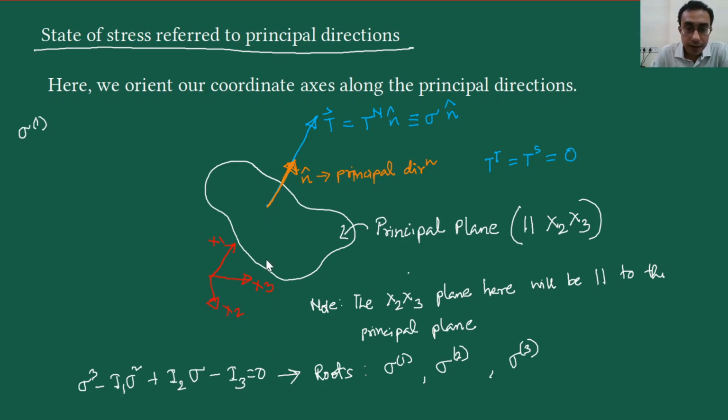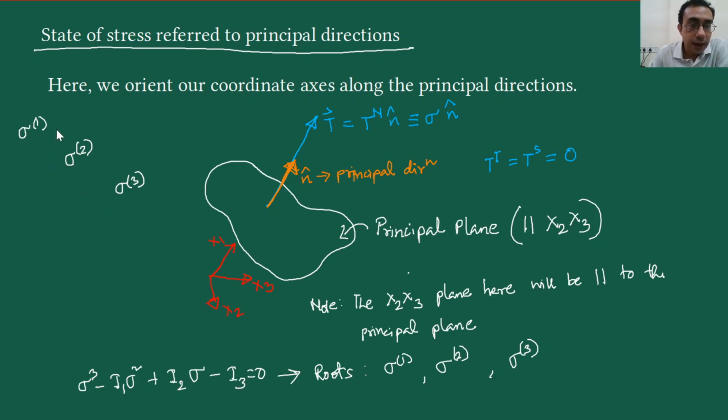Then we end up with a principal plane which is perpendicular to the x2 axis. So the traction component along the x2 direction will be sigma 2 2, which is equal to sigma 2. Similar is the case for the third direction and the third plane. So we are good here.